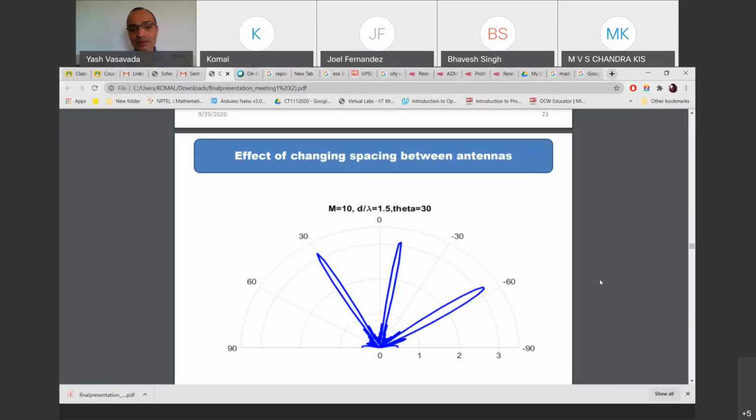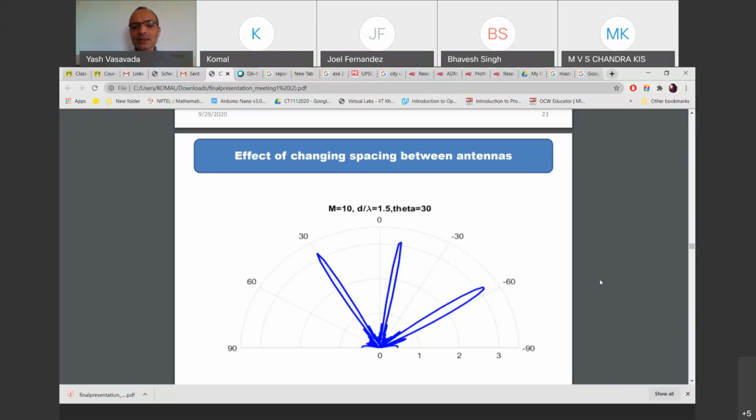In fact, it is 3 times as much. Because of that, she's getting aliasing in the space domain. And so when she's forming a beam at 30 degree, the two replicas end up happening at these other angles. These are known as grating lobs.